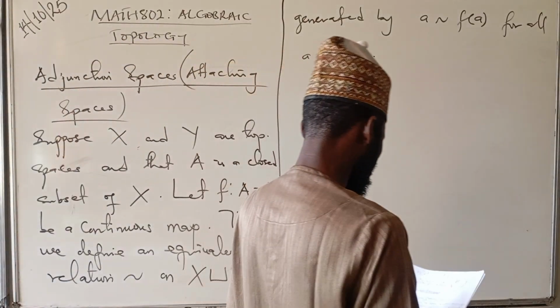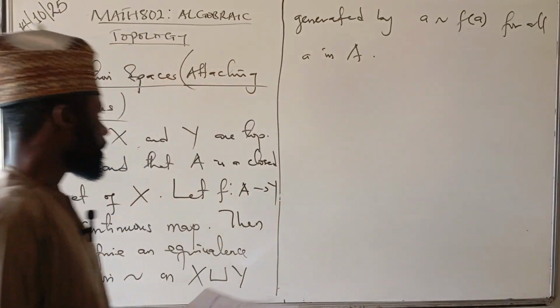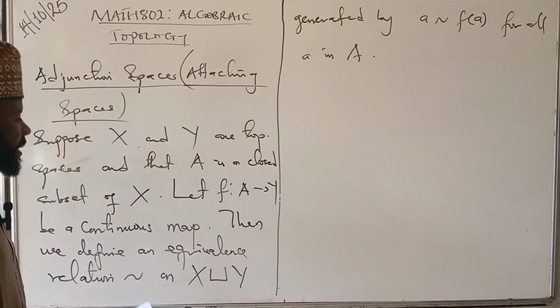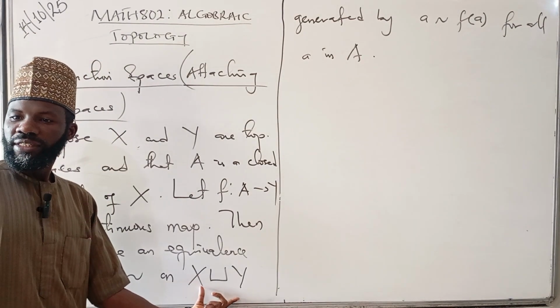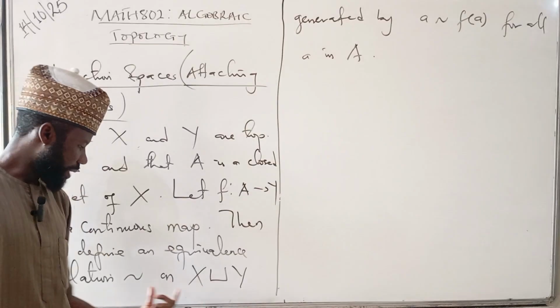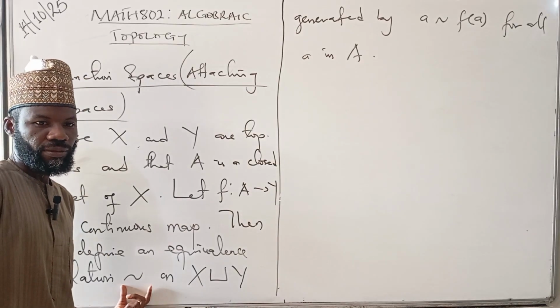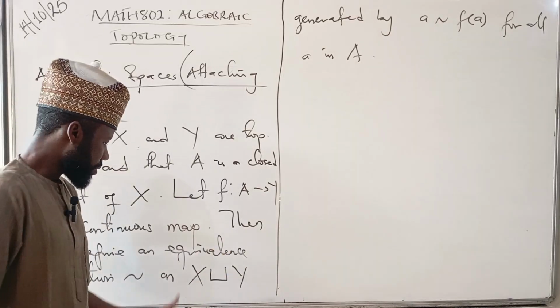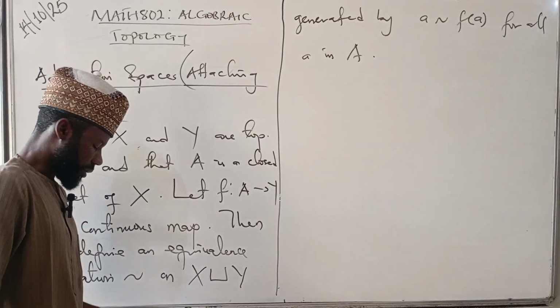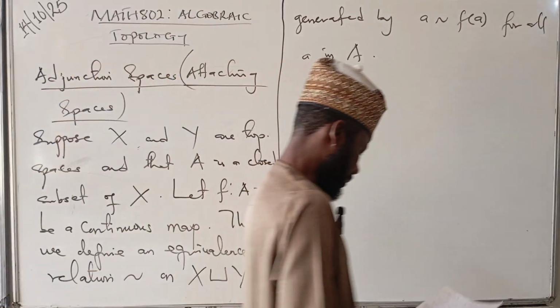Once you have this equivalence relation, you can define a quotient space by it. So you generate a quotient topology using this equivalence relation induced by the relation.